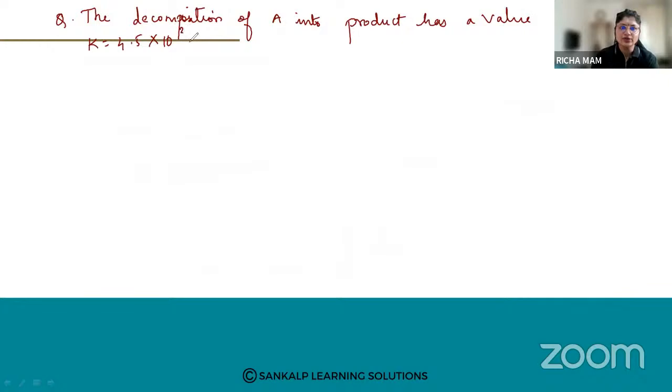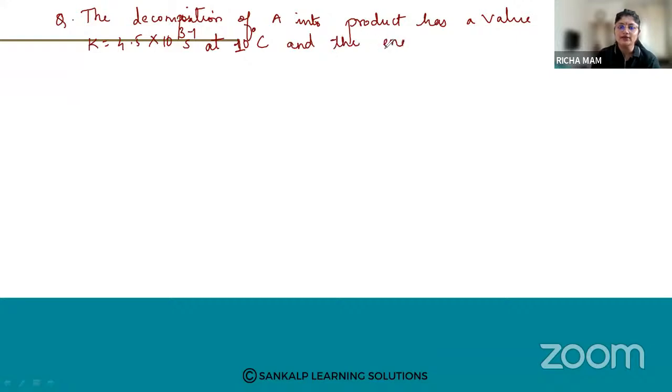So the question was: the decomposition of A into product has a rate constant K equal to 4.5 into 10 raised to 3 per second at 10 degrees Celsius. The A is the reactant, it is giving you product, and the rate constant value is 4.5 into 10 raised to 3 per second at 10-degree temperature.